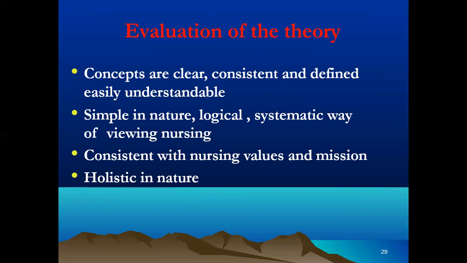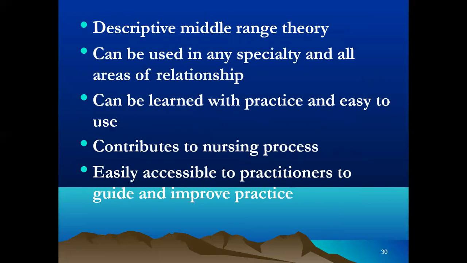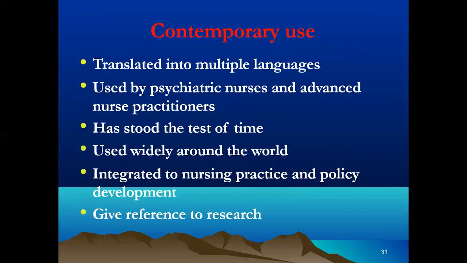Consistent with nursing values and mission, is holistic in nature. Descriptive middle-range theory can be used in any specialty across the nursing fraternity. It can be linked with practice and easy to apply, contributes to the nursing process or the nursing care plan development, easily accessible to practitioners to guide and improve practice.